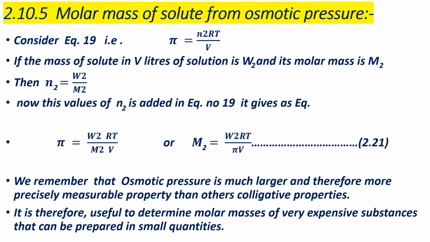We remember that osmotic pressure is much larger and therefore more precisely measurable than other colligative properties. Simply memorize that osmotic pressure is much larger and therefore more precisely measurable than other colligative properties.